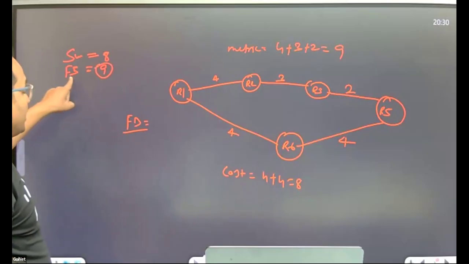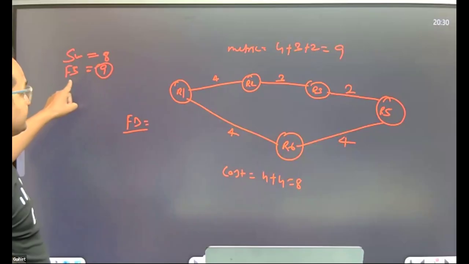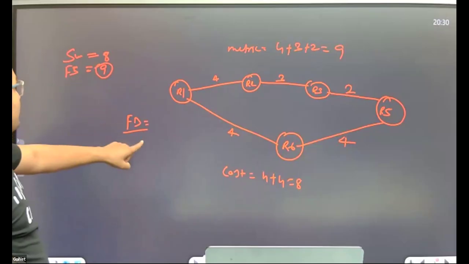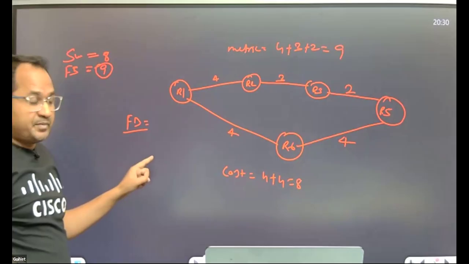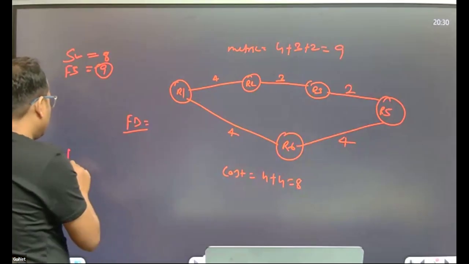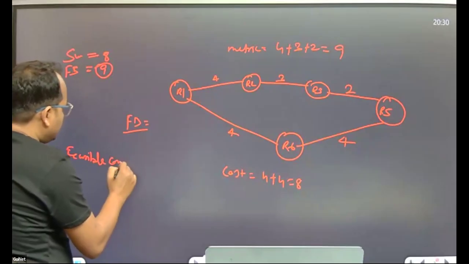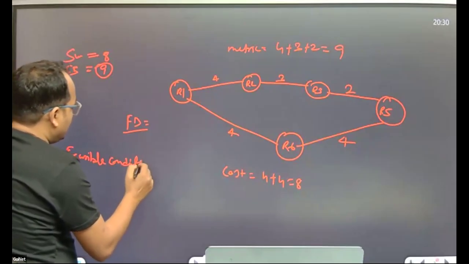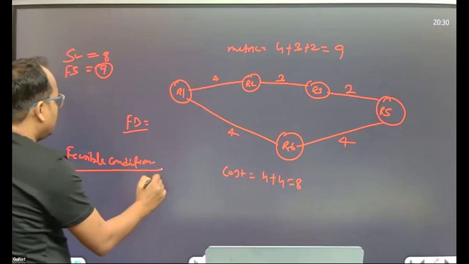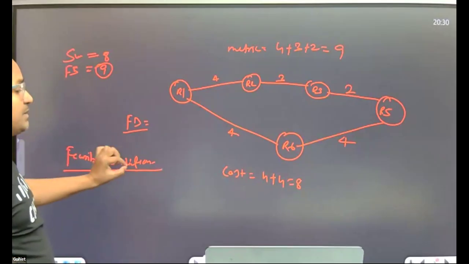But before it becomes the feasible successor, they have to meet the feasible condition. What is the feasible condition? Before it selects the feasible successor, it must meet the feasible condition.